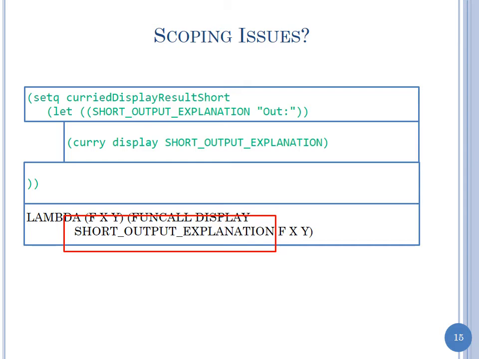And when I call this generated curry lambda function, after that let has returned its value and assigned it to the curry display result short, which environment will it be evaluated in? The global environment or the let environment?